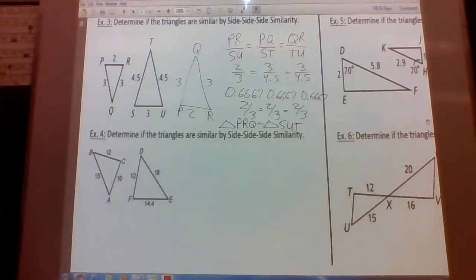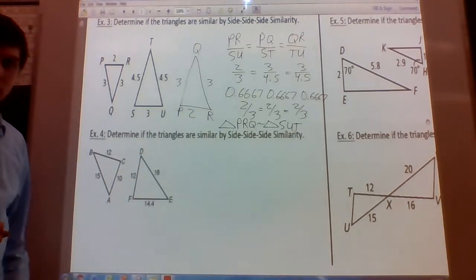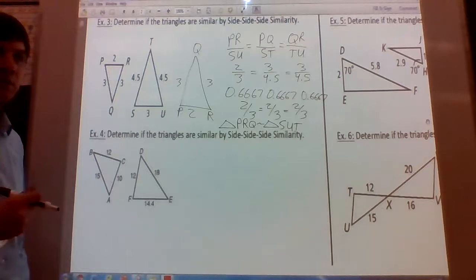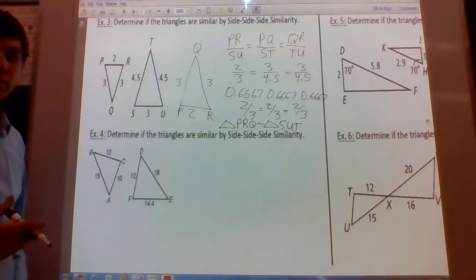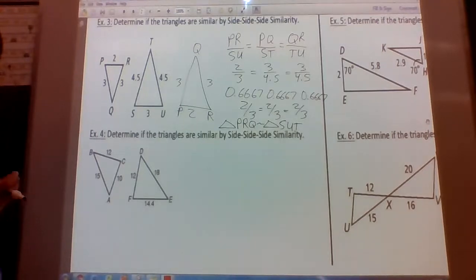Example number 4. This one can be a little more difficult to visualize how you need to orient it. The way I do it is I simply look for the smallest numbers and the largest numbers. If these two triangles are going to be similar, meaning they have the same shape but different sizes, then the two smallest sides will correspond with one another.